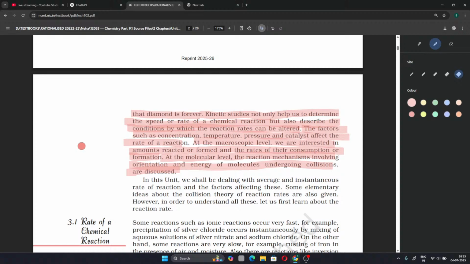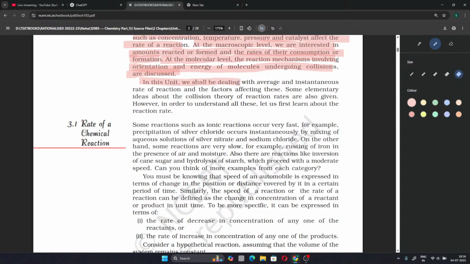The reaction mechanism involves orientation, how the molecules are arranged, and energy: high energy, easy collision, more formation of product, more kinetic energy, more potential energy. All that we will discuss at the molecular level.